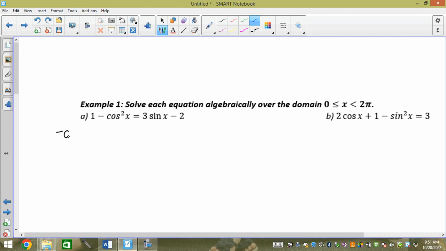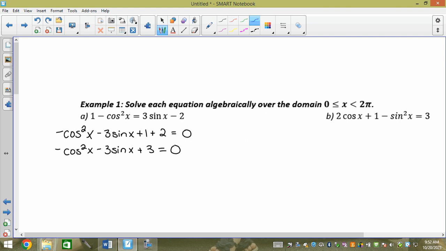I could go negative cos squared x, subtract the 3 sine x, and then I have a plus 1, and then I would add my 2 over, and I would get it equal to 0, because that's what I do when I have a squared: minus cos squared x, minus 3 sine x, plus 3.